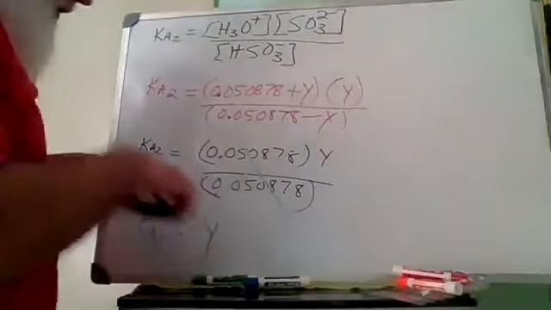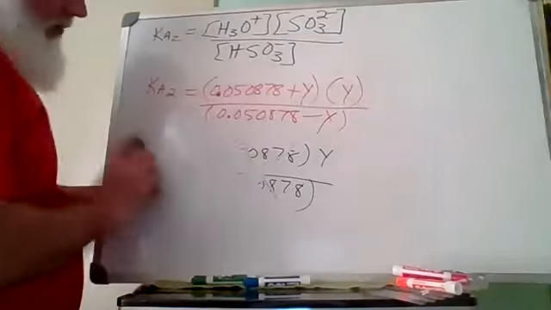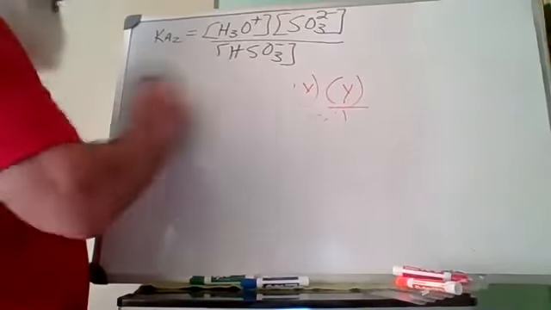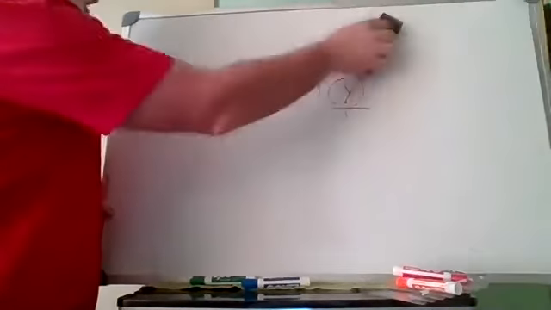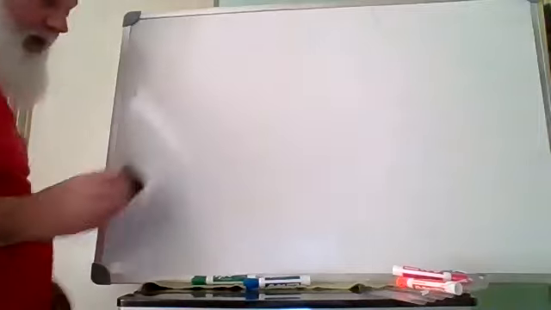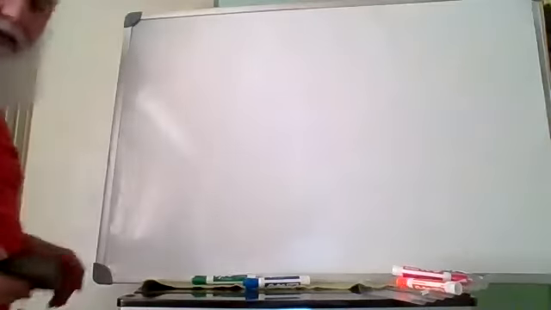So let me erase this. Well, this chapter is on weak acids and weak bases. We really have not spoken about weak bases yet. Right? It seems like weak acids always get the lion's share of the discussion. But weak bases exist also. So let's take a look here.